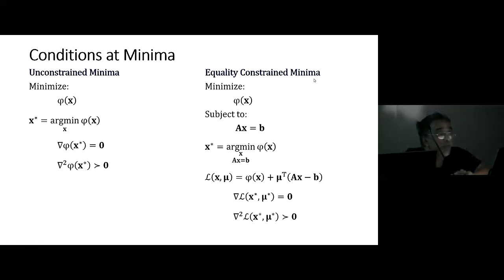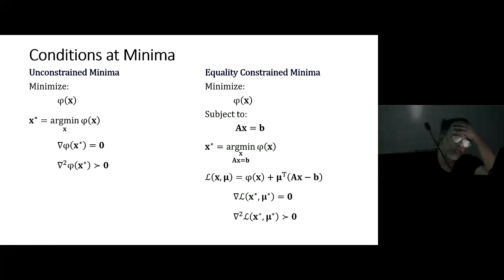Now, suppose in addition to the function, we have to do the minimization subject to this equality constraint. In this case, X star is argmin of phi of X subject to Ax equals B. Here how do we find the minimum?